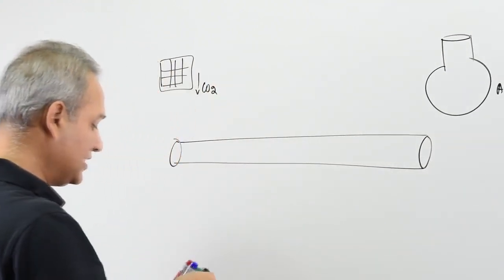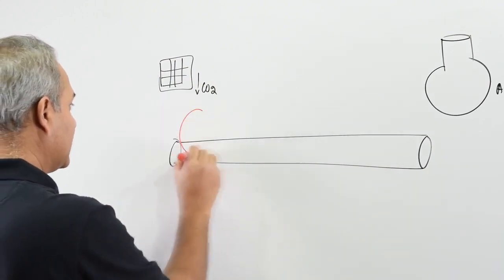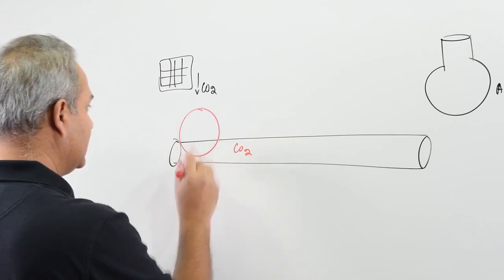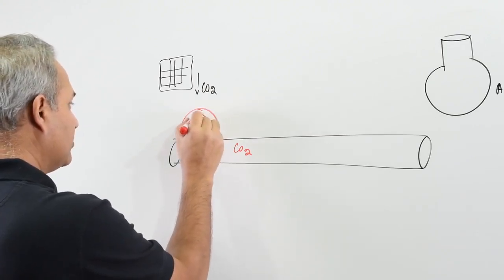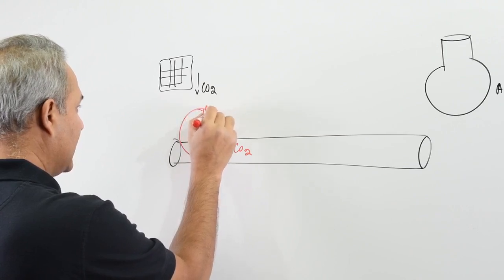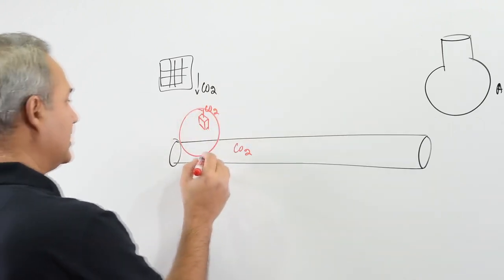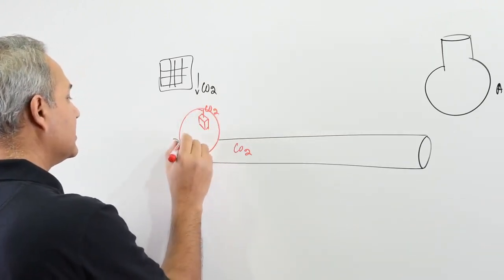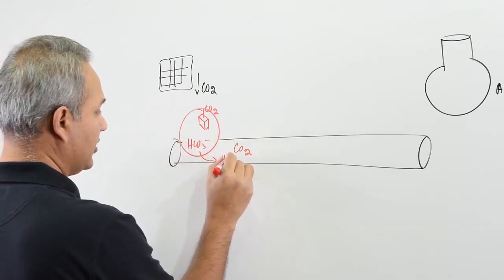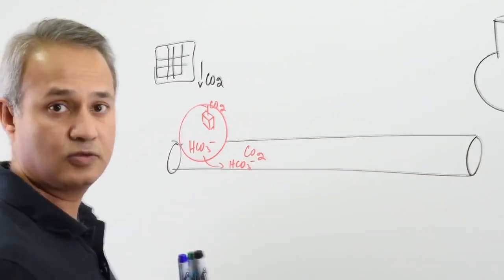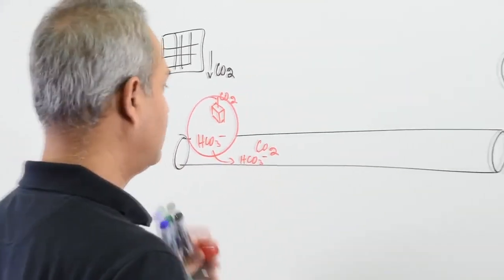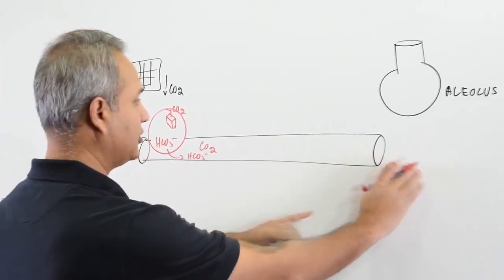We know that the carbon dioxide comes in and some of it is in dissolved form, another part is attached to the hemoglobin, and then the majority of the carbon dioxide becomes HCO3 and is moving in the bicarb form to the lungs. We have done a separate lecture on it, so I don't want to spend too much time on this. The point is carbon dioxide is going to come from here to here.